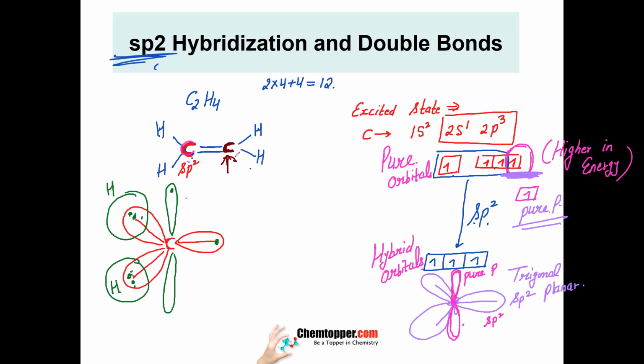So it is also sp2. Exactly the same. So let's make this carbon over here. It's also sp2. So it has one sp2 orbital like this, another sp2 orbital here. Only trigonal planar. See, trigonal planar.